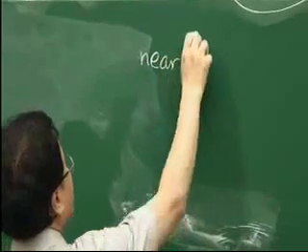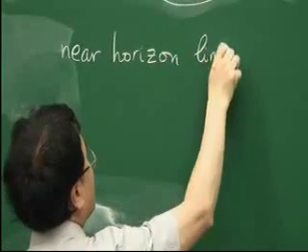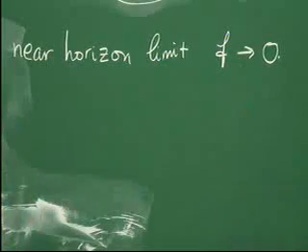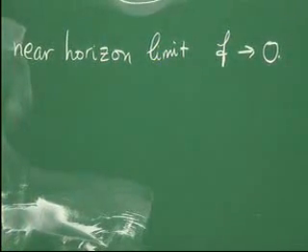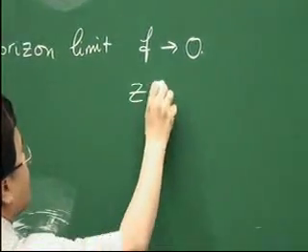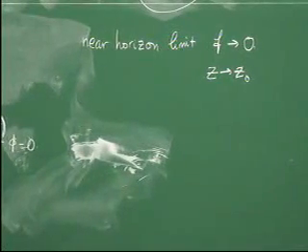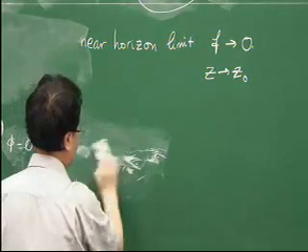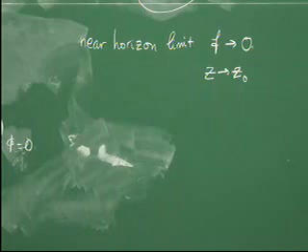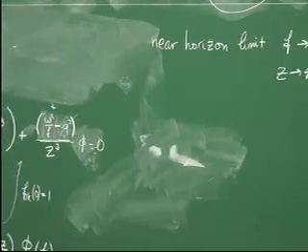Let's take the near horizon limit, where f goes to 0, z goes to z naught. f goes to 0 linearly, but I will keep just f in the equations. So when f goes to 0, we can see this term is not very important.